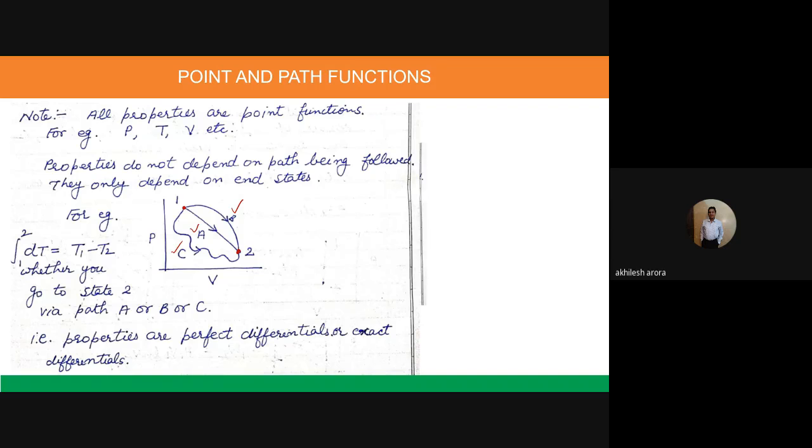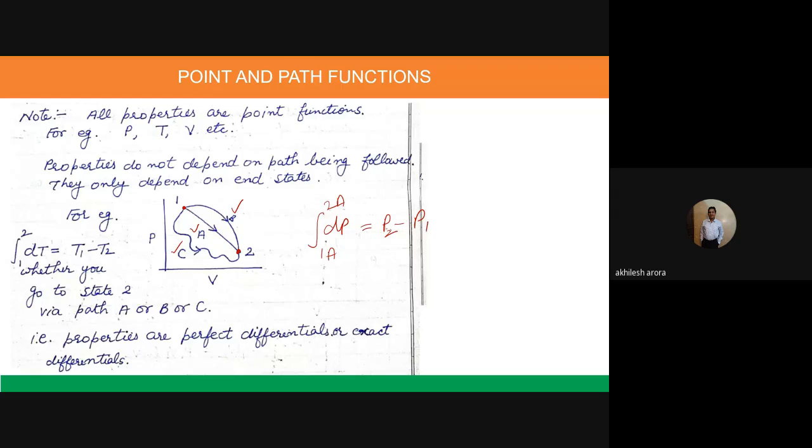Now, if I want to calculate the integral of dP from 1 to 2, and I am going along path A, what is the value? It is written as P2 minus P1.